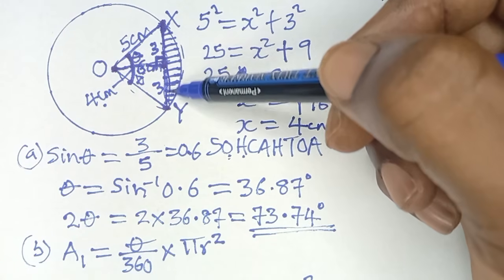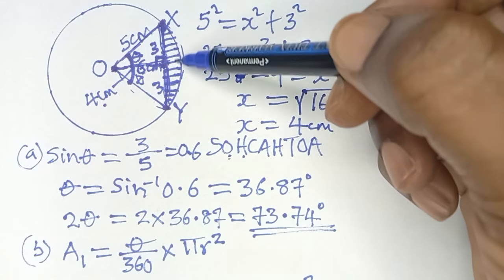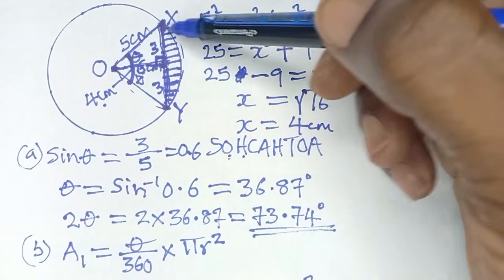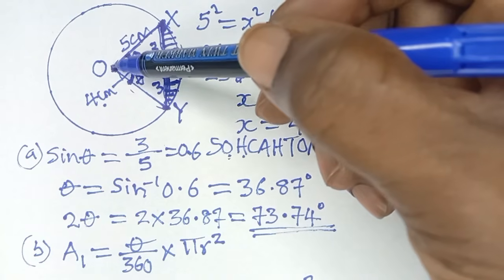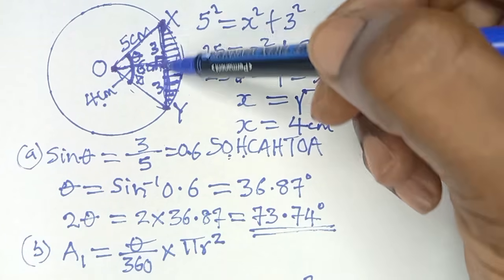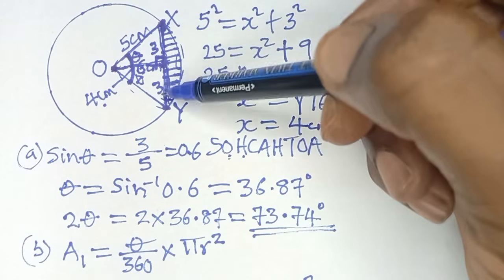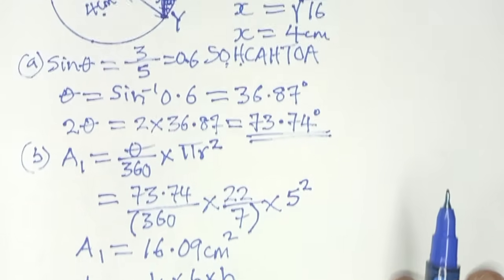We have the area of this triangle as 12 that we just calculated. So the area of this shaded part, which is this segment here, will be the area of the sector minus the area of this triangle. And that will give us the area of this shaded portion. Hope you got that explanation.